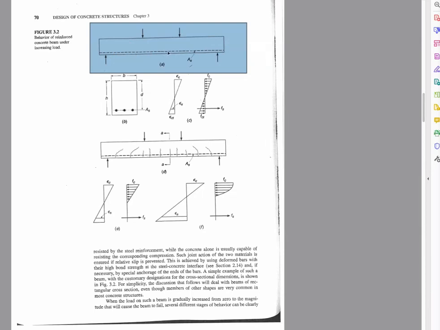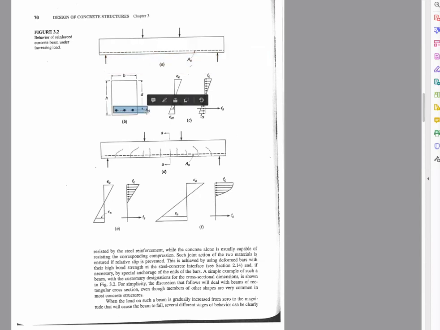So steel is going to carry the tension load by being located down in this region, and concrete is going to carry the compression load by being located up in this region. And we can identify the strains associated in cross-section through that type of section.